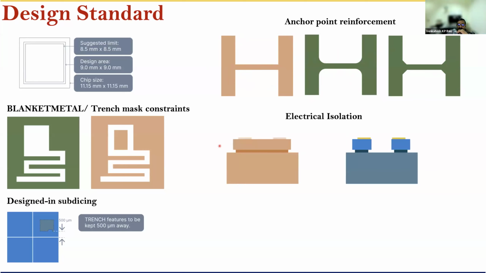Now, if you look at this case, you can see that one contact is here, another contact is here. Whenever I apply a potential between the two, a short circuit will occur. So there will be no electrical isolation in this case. On the other hand, whenever you do the design, you keep in mind this electrical isolation.